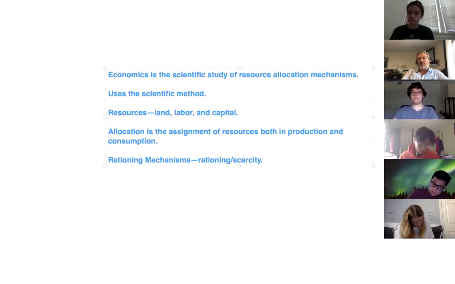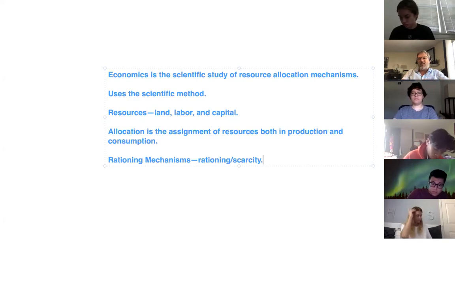A lot of times, textbooks will simply define economics as the study of scarcity, the idea that there's not enough of a resource to go around. So that's all by way of background.